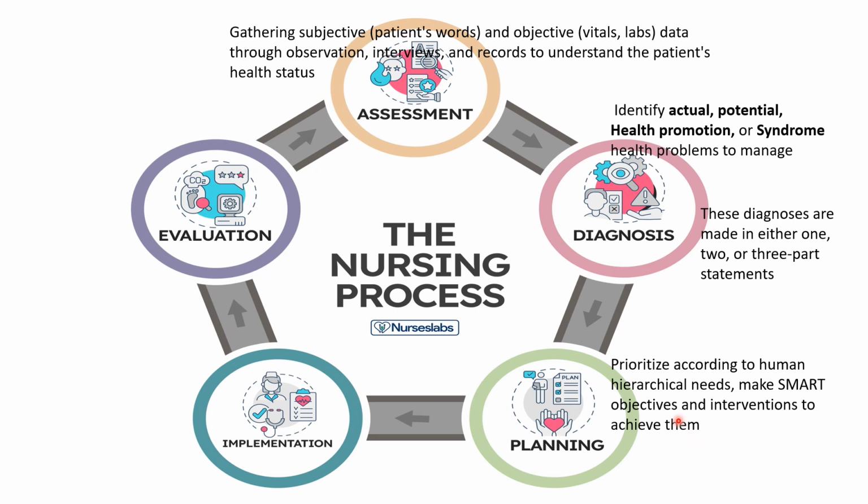What does SMART mean here? S stands for specific. This means that you should address the patient's needs: physical, emotional, psychological, social, among others. Then M stands for measurable. Your specific objective has to be measurable, meaning that it has to be observable. It has to be quantifiable. It must have a quantifiable outcome.